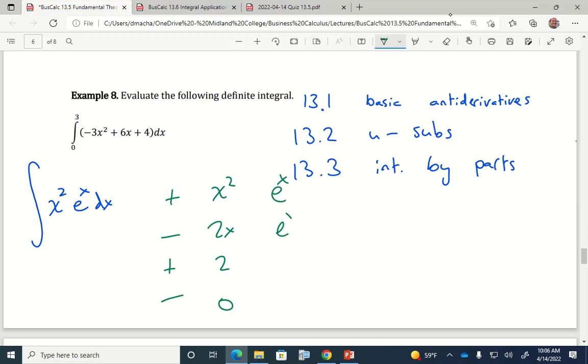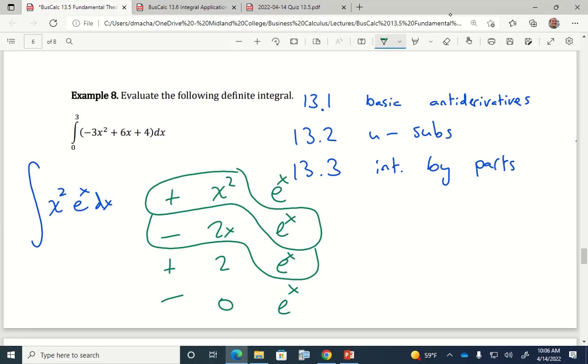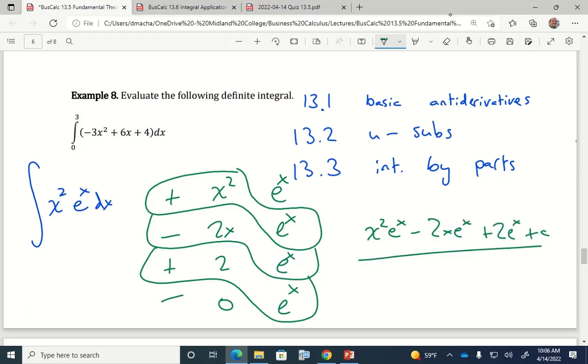And then we put the e to the x here, and we just took the antiderivatives. And then we sort of linked these up like so, where we multiply all of the things grouped together, and we add all of the terms. And so it would have been x squared e to the x minus 2x e to the x plus 2 e to the x plus c as your antiderivative.